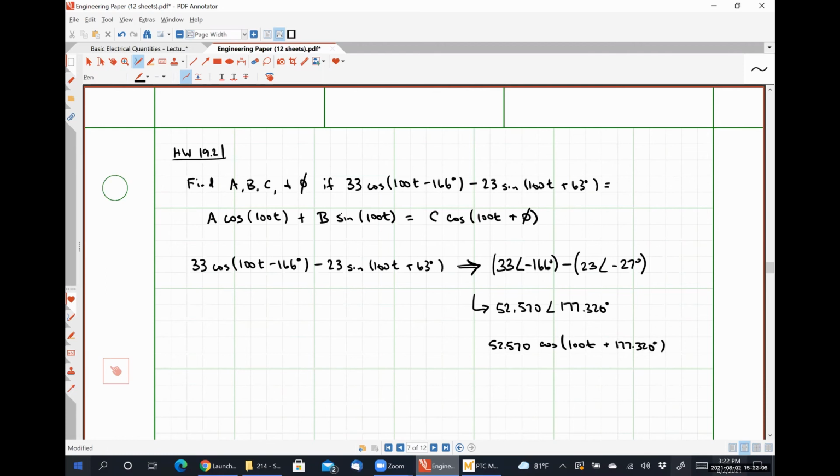Okay. Now, please tell me what the answer is. Convert that number to rectangular, please. Negative 52.513 plus j 2.458.